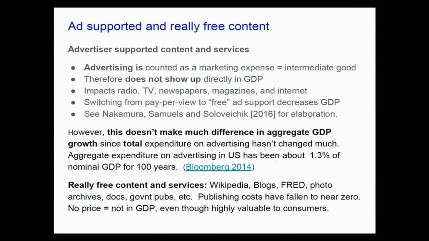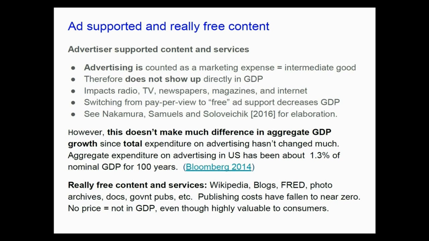Of course, there's also what you might call the really free content, things like Wikipedia, which I think shows up in about 15% of search results. It's really a huge availability of content there. Blogs and FRED, the Federal Reserve Economic Database, photo archives, docs, government publications. The work that you are doing is really free in the sense that people can access it, and of course it's extremely valuable.